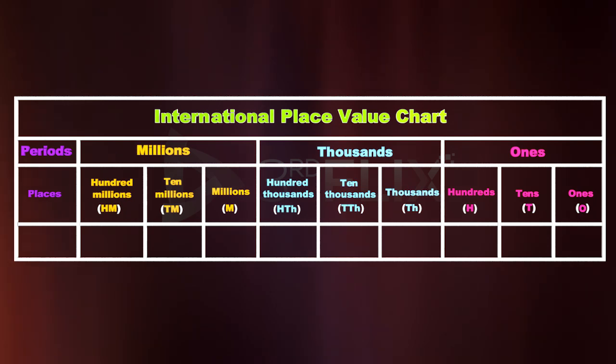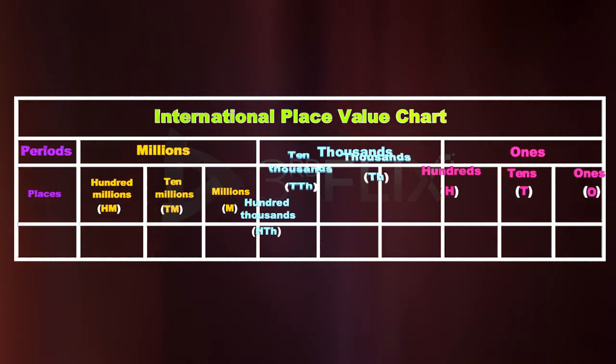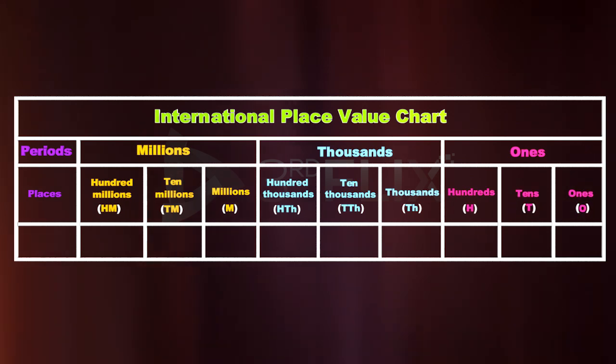The digits in a period are read as one number followed by the period name, except the ones.